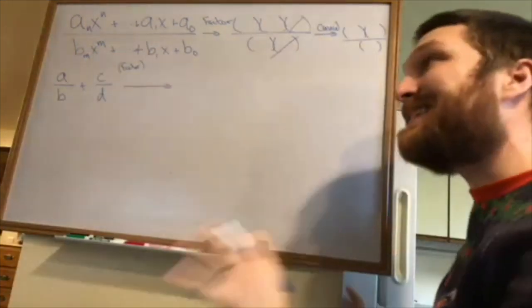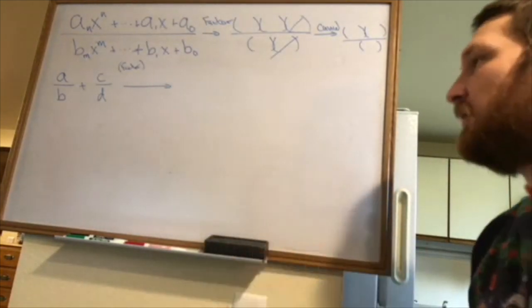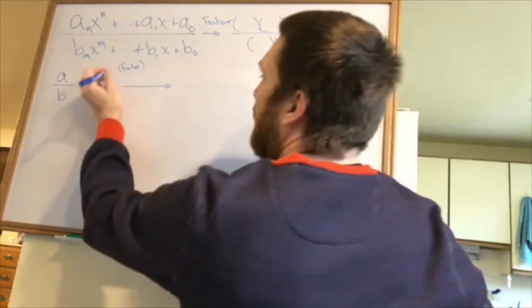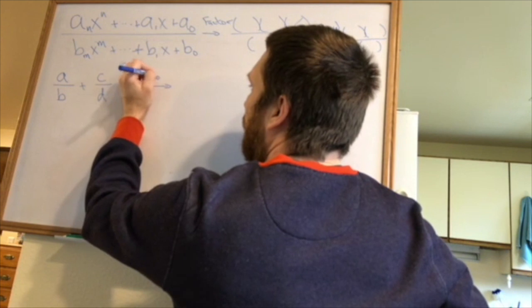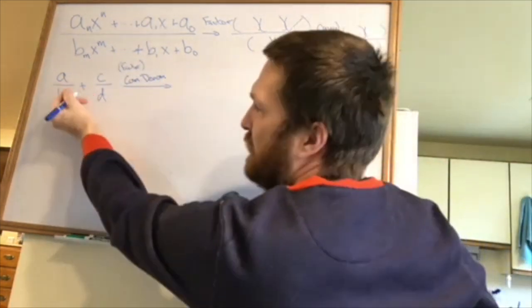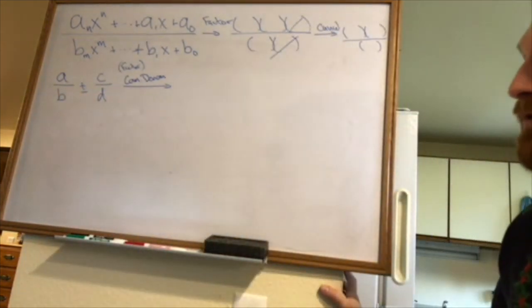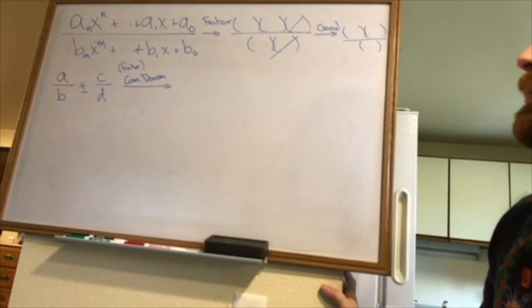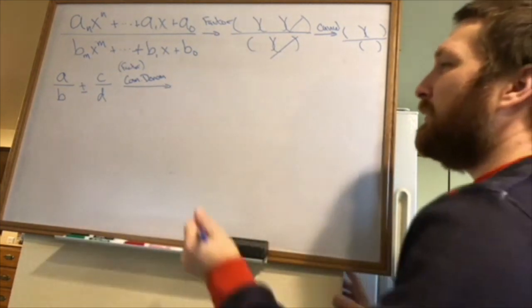It's not necessary to do that, but that's usually our first step: we factor, and then we get a common denominator to add or subtract. And of course, this could be a subtraction too. This could be plus or minus the fraction, two fractions, that's fine. We get a common denominator. And in this case, what would my common denominator be?